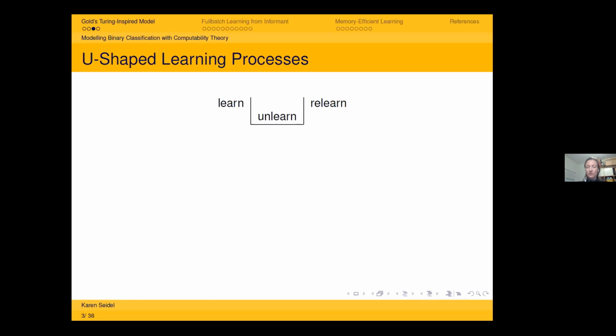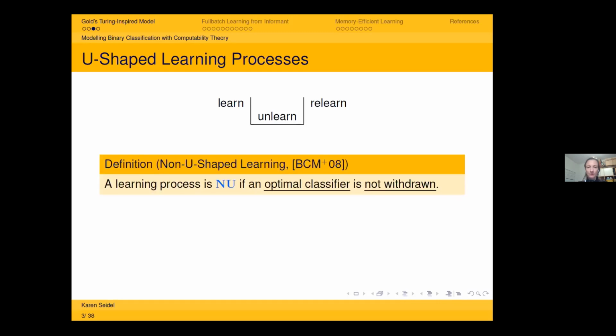This has been observed and is modeled also in our setting. There are basically two definitions that are common. The first one I want to mention is so-called non-U-shapedness, meaning that the optimal classifier is not withdrawn. What we want is to find out whether we can learn still as much when we forbid this kind of behavior.